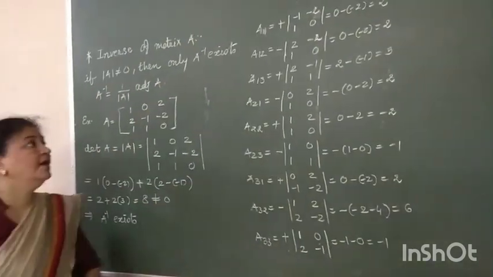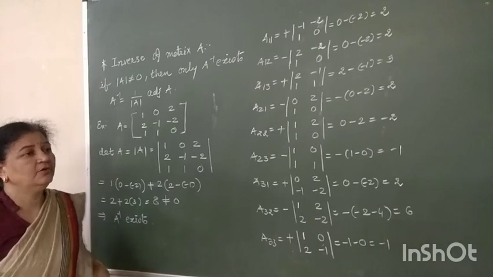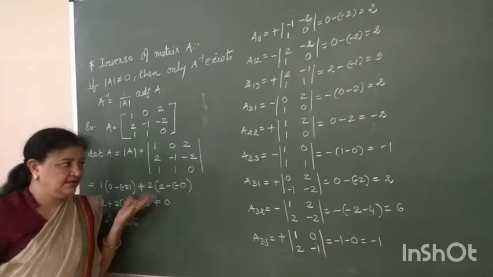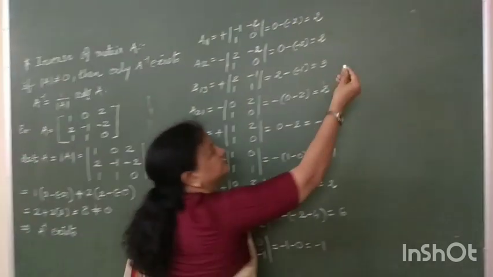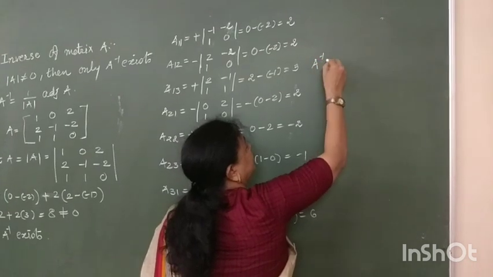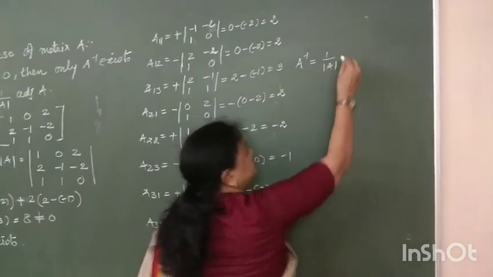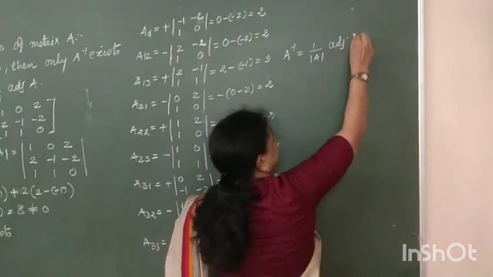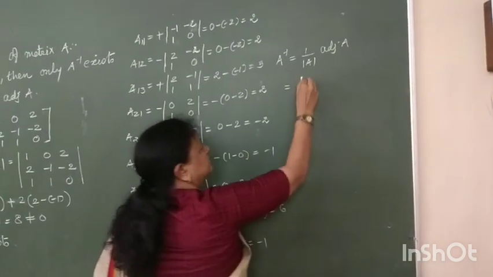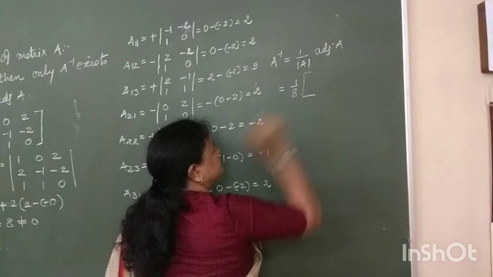Now we have found all the cofactors of the elements. Then A inverse is 1 upon determinant A times adjoint of A, that is 1 upon 8.